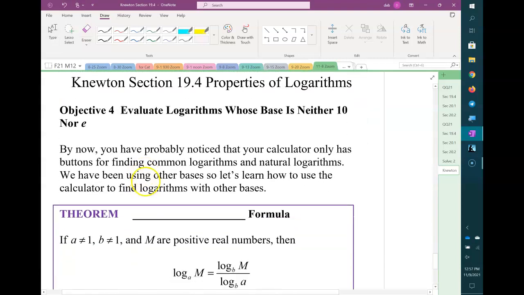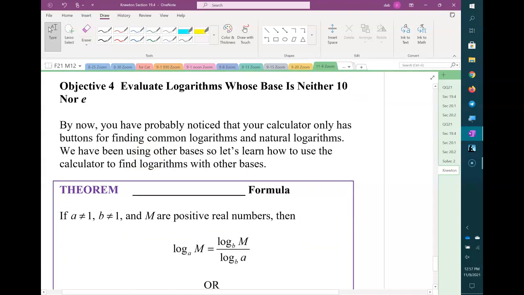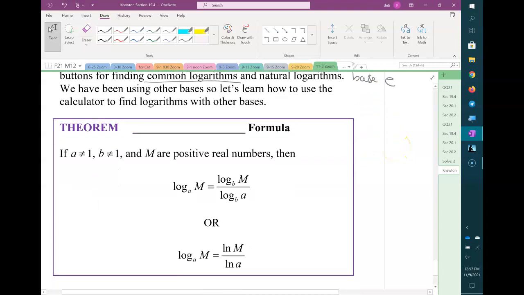Another thing we need to be sure to address is logarithms where the base is not 10 or e. In the calculator, the only buttons we have are for finding common logarithms, which is base 10, and natural logarithms, which is base e. So this is called the change of base formula.